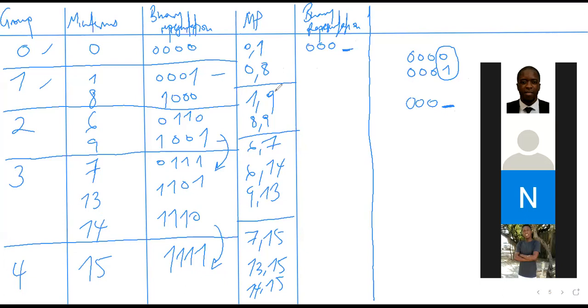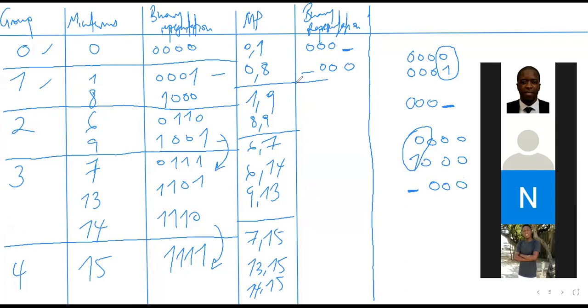If we do the same for 0 and 8, it is dash, 0, 0, 0. There was a change in the first bit, so it begins with a dash, then the rest remains the same. This is the binary representation for 0 and 1, and 0 and 8.